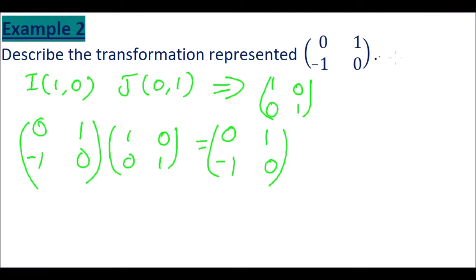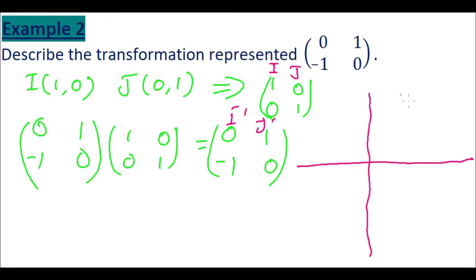So what this means, since this is our I and this is our j, is that the image of I is 0, 1, and the image of j is that. So we can make a sketch here and say what has happened to our unit square. This is just a sketch, so don't worry about the straightness of the line. So this is x.